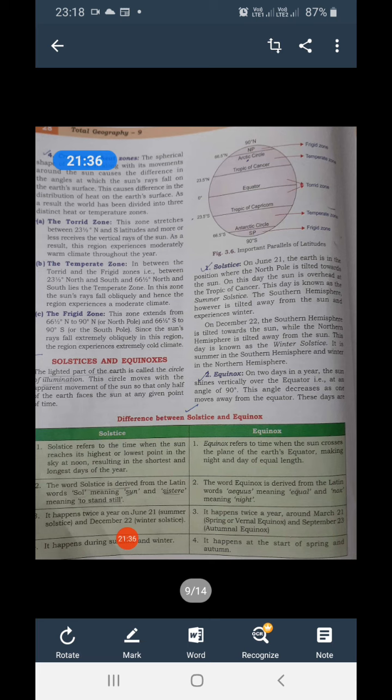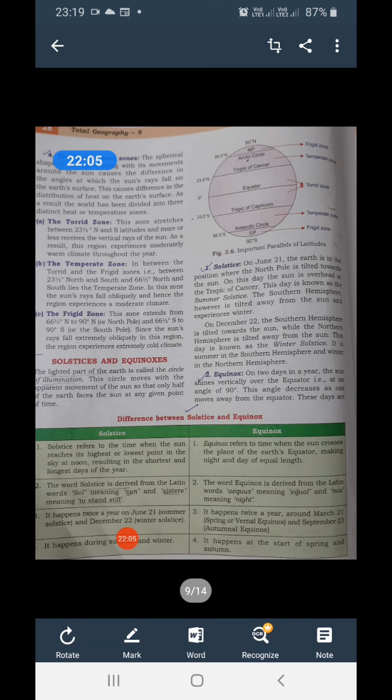And this happens twice a year, that is on June 21st in the northern hemisphere and December 22nd in the southern hemisphere. And they have mentioned in the first point, solstice refers to the time when the sun reaches its highest or lowest point in the sky at noon, resulting in the shortest and longest days of the year. So I've explained the second, third, first, and then the first point.